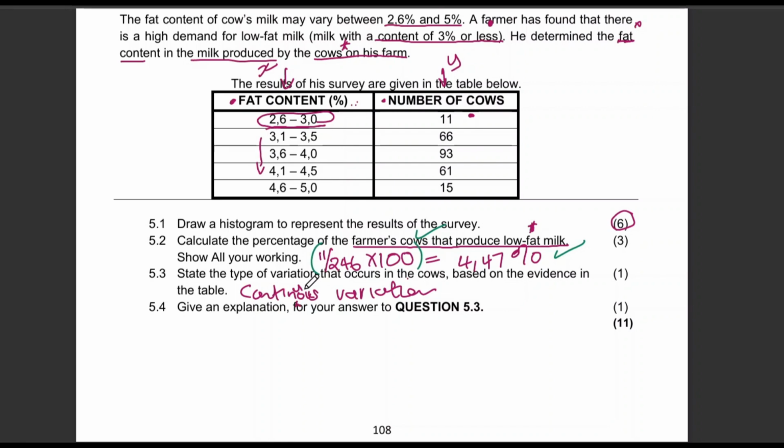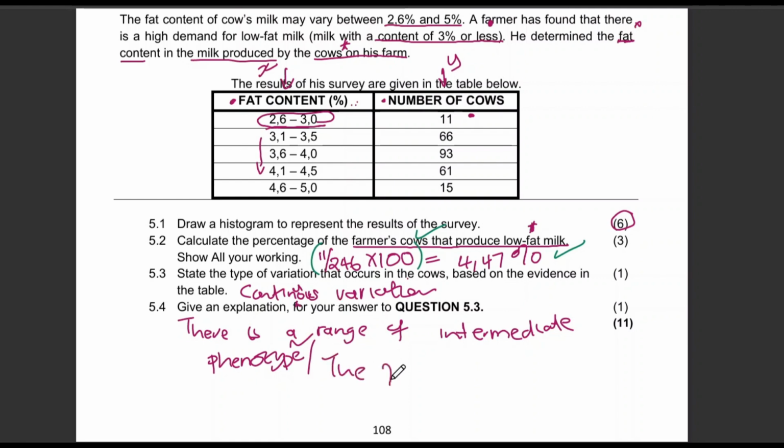Why are you saying it's continuous variation? Because there is a range of intermediate phenotypes. Or you could have said, you just get a mark for that, or you could have said the fat content is a range.